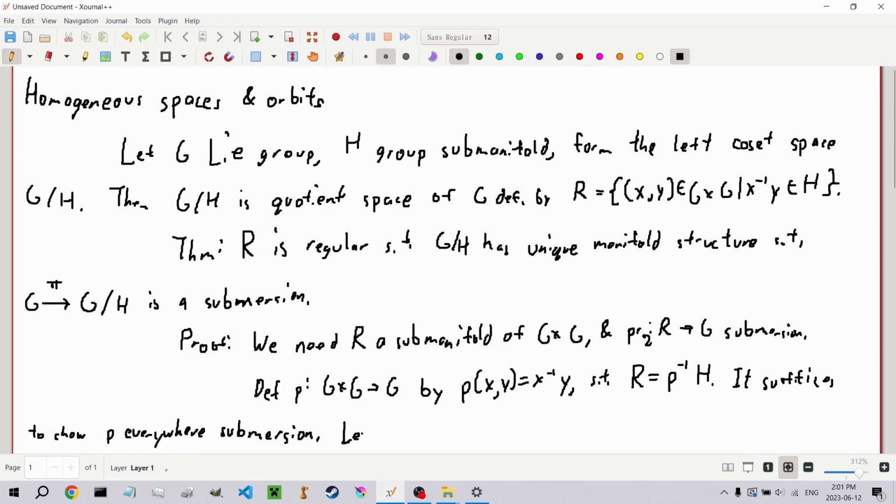So we're going to pick a pair of elements x, y in G times G. And we're going to let a function phi from G to G times G be defined as sending an element z to x comma x times z.